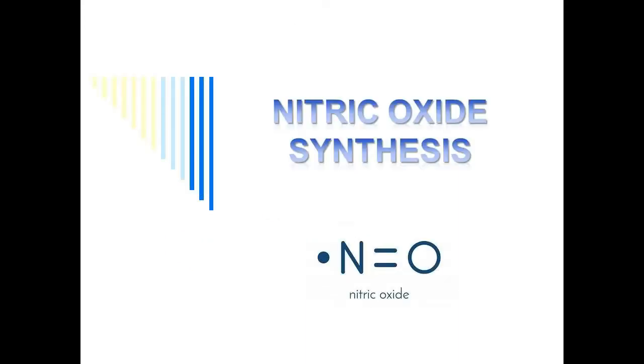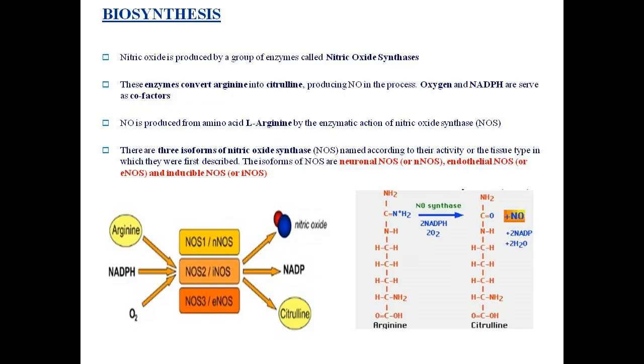So now we will take the gaseous signaling molecule, that is nitric oxide. This nitric oxide is a key biological messenger in vertebrates, and it plays a very important role in signaling in various biological processes. So coming to its biosynthesis, nitric oxide is produced by a group of enzymes called nitric oxide synthases.